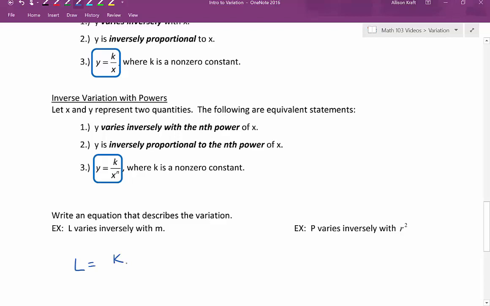Inversely tells me that I'm going to be dividing k by something, and what we're going to be dividing k by is the variable that comes after varies inversely, which is m. So L varies inversely with m is written L equals k divided by m. Next, we have P varies inversely with r squared. So P equals k divided by r squared.